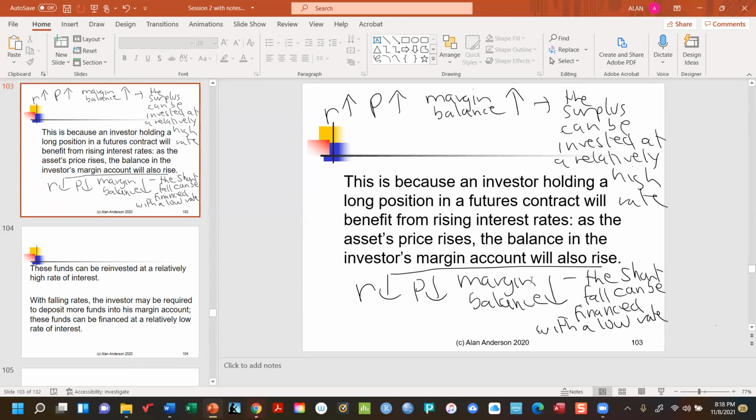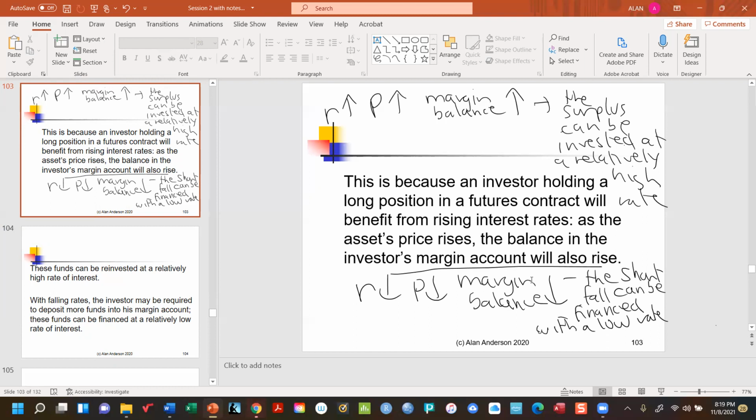Well, that means when rates go up, your margin balance will go up too. You'll be able to withdraw your surplus and invest it at a relatively high rate of interest. When rates drop, your position will deteriorate, and you may need to meet a margin call, but you could actually borrow those funds at a relatively low rate of interest.